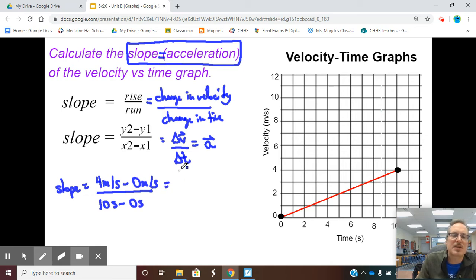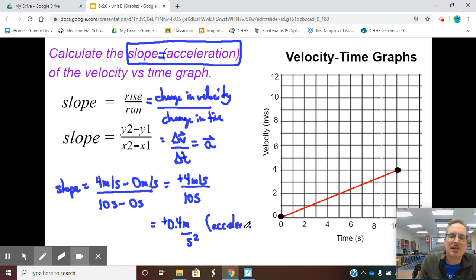So 4 meters per second minus 0 meters per second is still a positive 4 meters per second. 10 seconds minus 0 is still 10 seconds. So when I'm all done, I will get an answer of positive 0.4 meters per second squared. Remember, this is an acceleration. So we are accelerating forward at 0.4 meters per second squared.